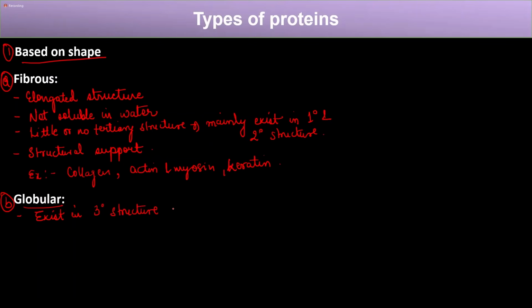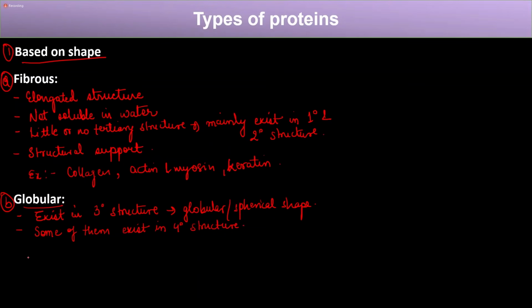And this tertiary structure gives them a globular or spherical shape. There are certain other globular proteins that exist in quaternary structure. So they mostly exist in tertiary structure, but some of them exist in quaternary structure as well.